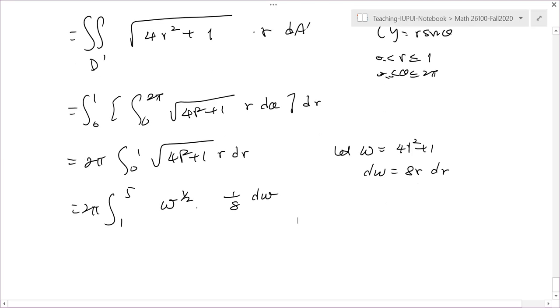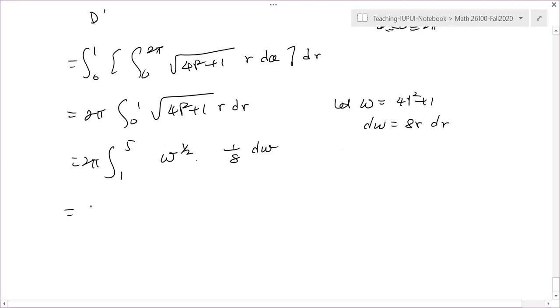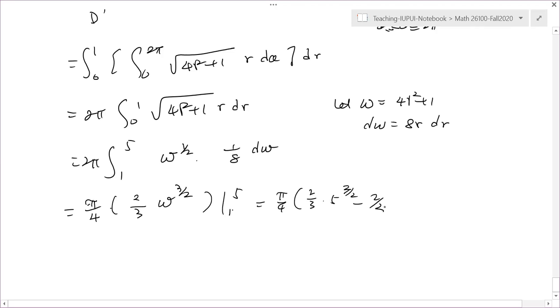All right, so find the antiderivative. Let's say pi over 4. The antiderivative of w to the 1/2 is going to be 2/3 w to the 3/2, that'd be 5 to the 3/2 minus 1.